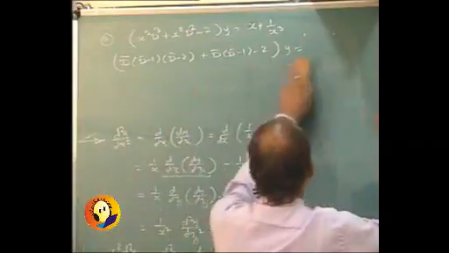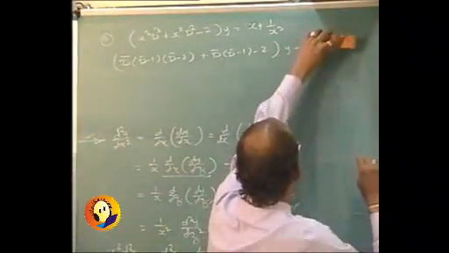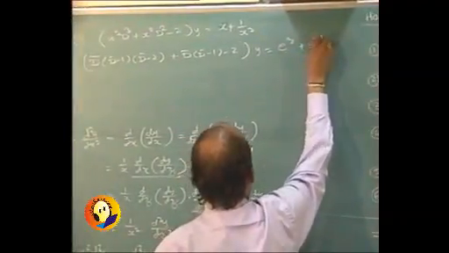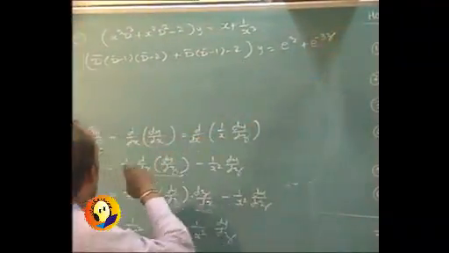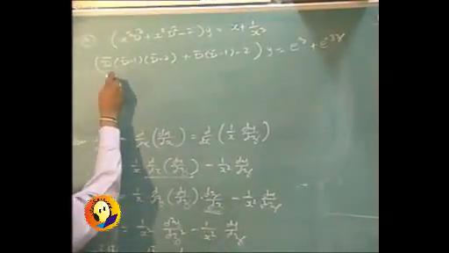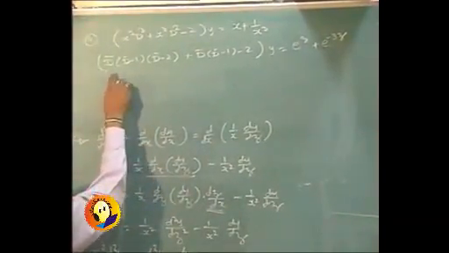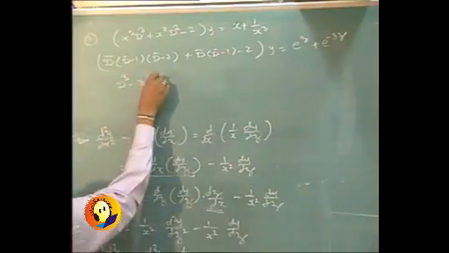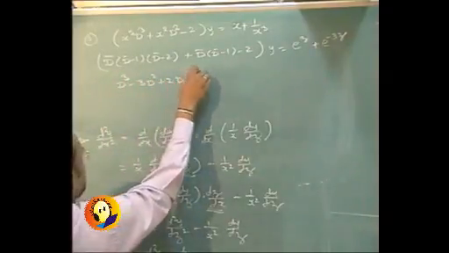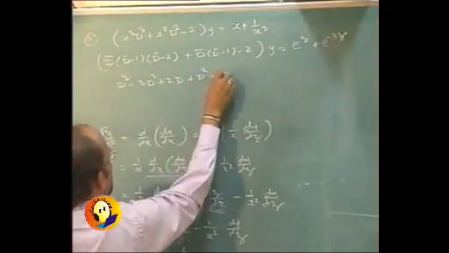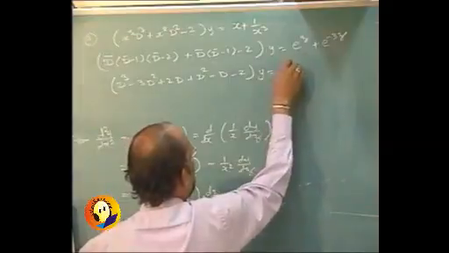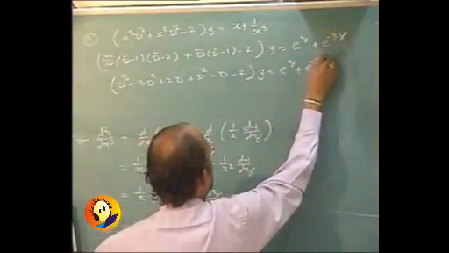Now x is nothing but e raised to z, so it will be e raised to z plus e raised to minus 3z. For simplicity, I will write d instead of d bar, and so this will turn out to be d cube minus 3d square plus 2d plus d square minus d minus 2, bracket complete, operating on y equal to e raised to z plus e raised to minus 3z.